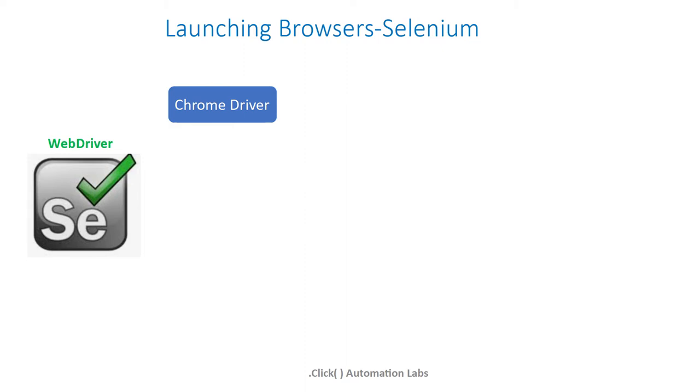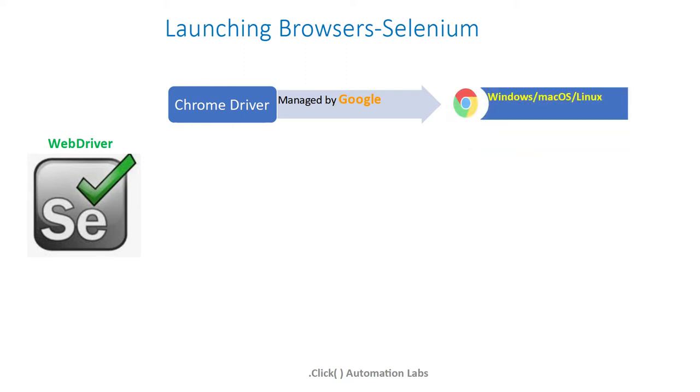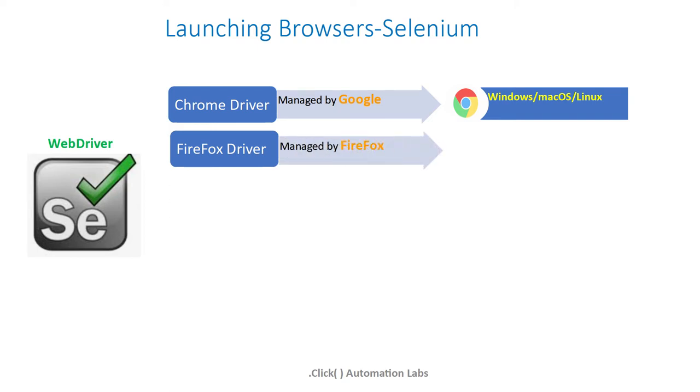Take ChromeDriver, which is chromedriver.exe, managed by Google to support WebDriver commands and used to launch the Chrome browser. You can launch Chrome on Windows, Mac OS or Linux; these are the supported operating systems. Similarly, Firefox driver, managed by Mozilla, can be used to launch Firefox, and you can use it on Windows, Mac OS or Linux.